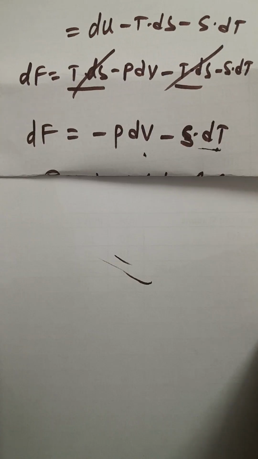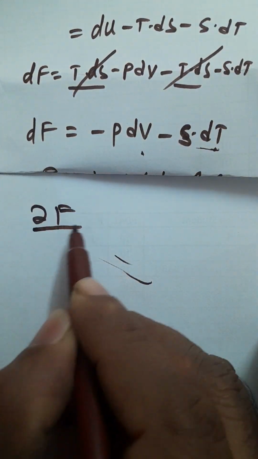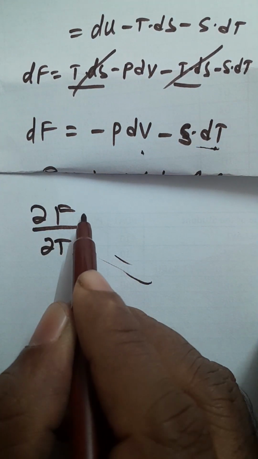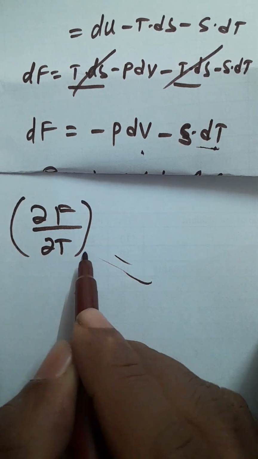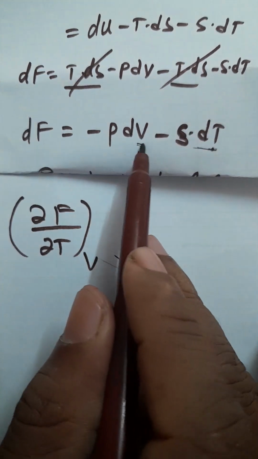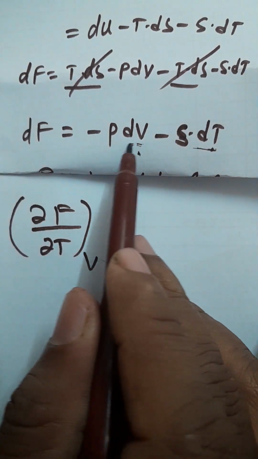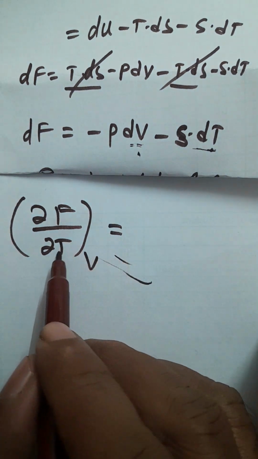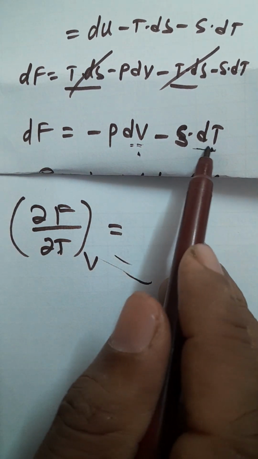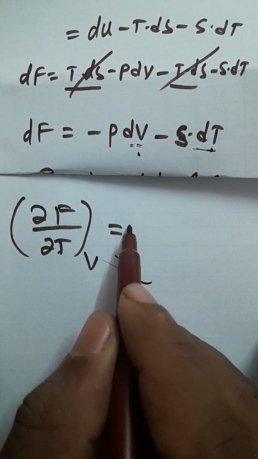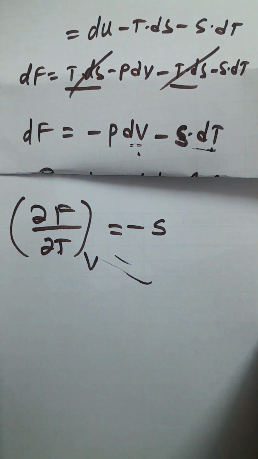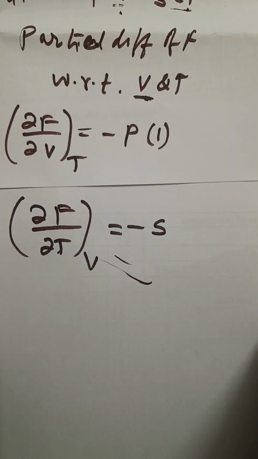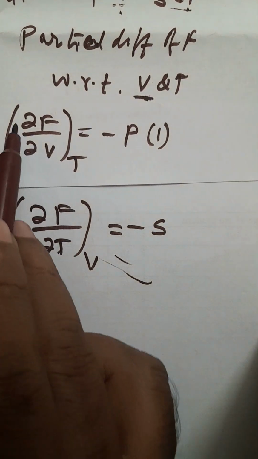Similarly, in the same equation, dou F, this time we will do differentiation with respect to temperature at constant volume. If volume is constant, that term is 0. With respect to temperature, dT by dT value is 1, so we will get minus S, where S is nothing but entropy.